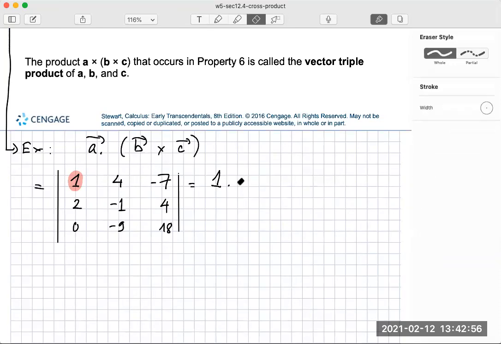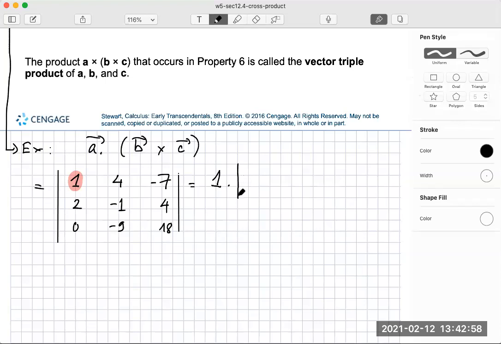And what is it in this case? Very good. Thank you, Walid. Right, we cross the column and the row containing this element.